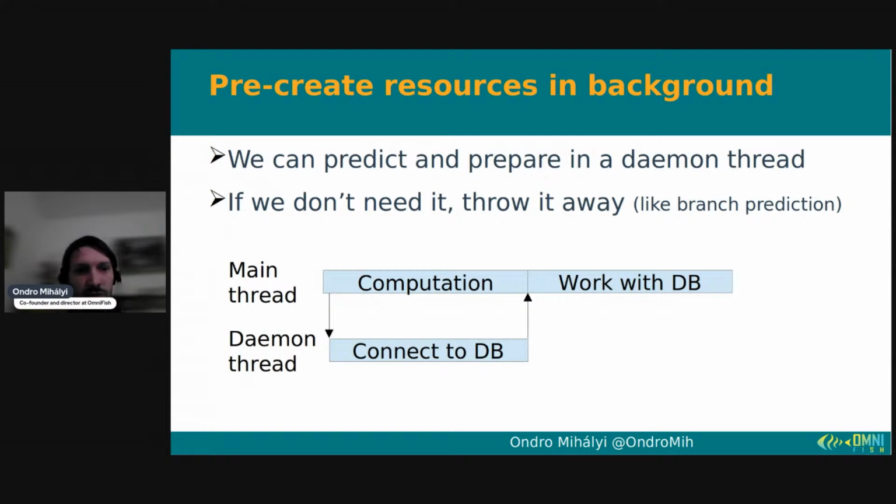pre-creating everything before you even need it. And here it's good to use threads, especially daemon threads, which disappear if the application is shut down. But even if you don't create daemon threads, AWS Lambda basically would suspend your application after your main method is finished.